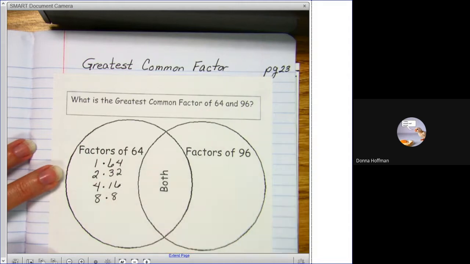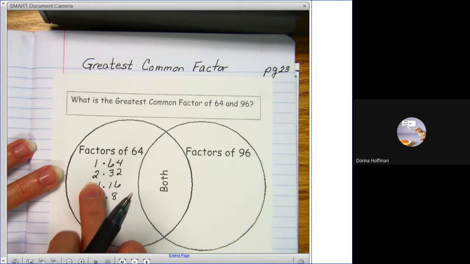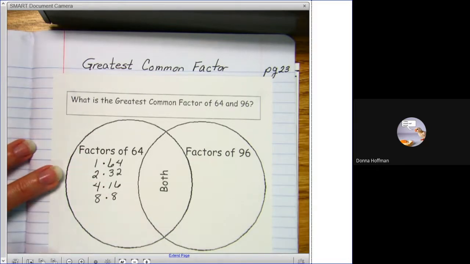And 6 is not divisible into 64 because the divisibility rule for 6 is that 2 and 3 both have to work, and in this case, only 2 works. So the divisibility rules really help you find all of your other factors.